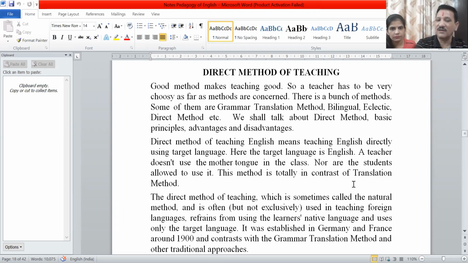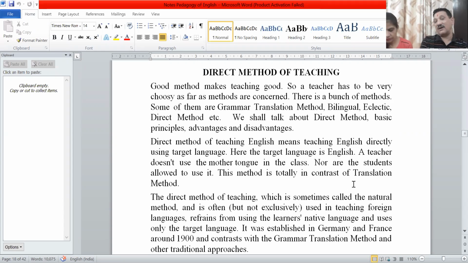A teacher doesn't use the mother tongue in the class, nor are the students allowed to use it. Generally, in English medium schools, you have to read in English, write in English, speak in English. This is the direct method, where the mother tongue or any other language is avoided. And the direct method is considered one of the best methods for teaching English.